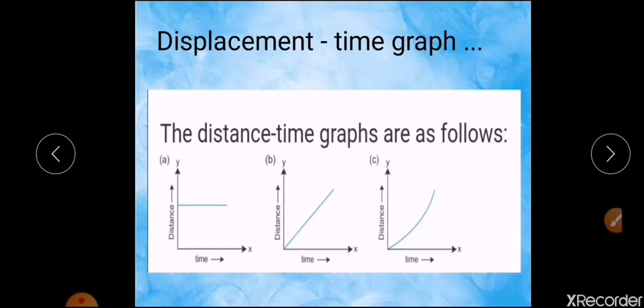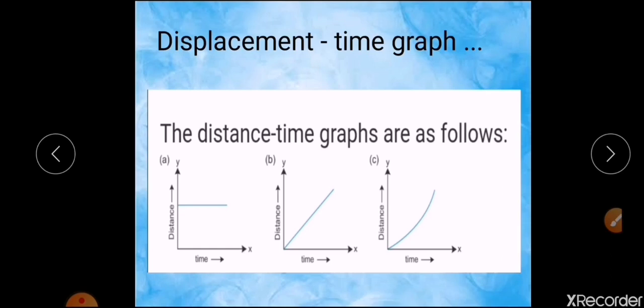These are the three graphs in your distance time graph. If it is a straight line parallel to your x-axis, it is stationary. A straight line inclined to your x-axis means moving with uniform velocity, and a curve means moving with non-uniform velocity. These are the three main conclusions from each graph.